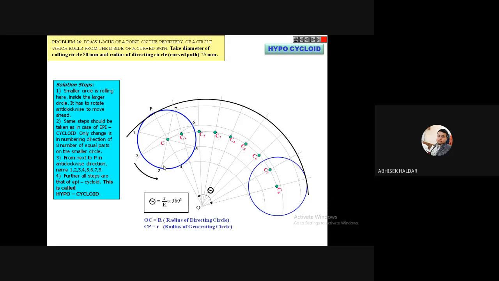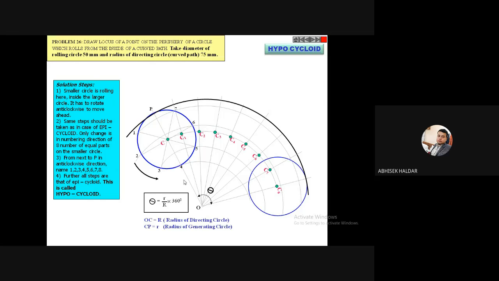O to 3, take it as radius. If we draw an arc from 3, it will pass through 5. That is very obvious, if you have divided this circle into 8 equal parts, otherwise it will not pass.